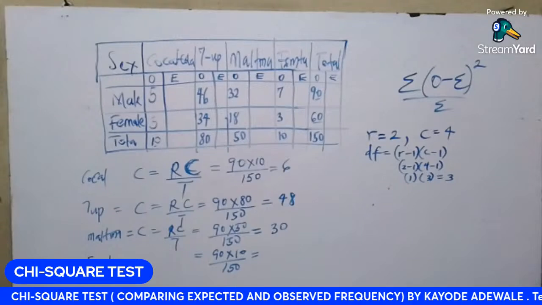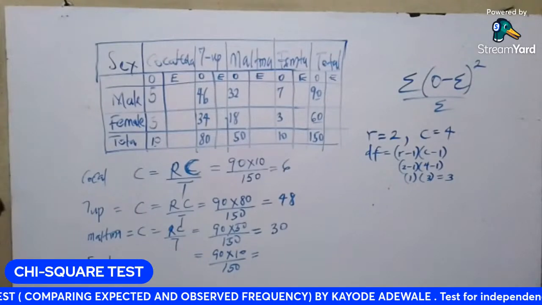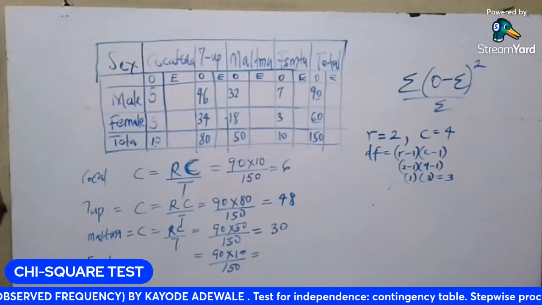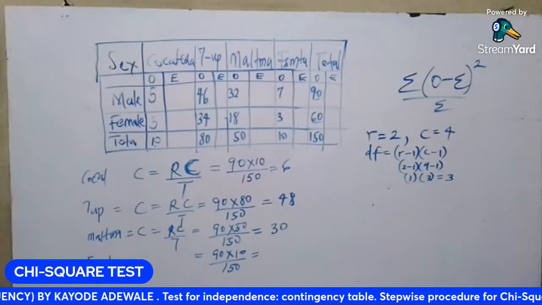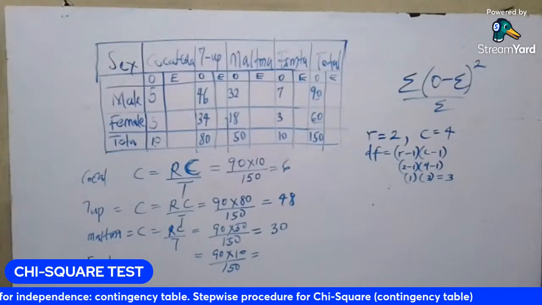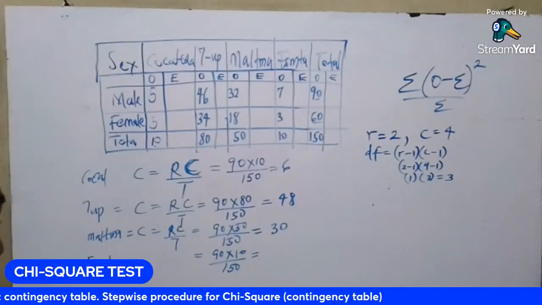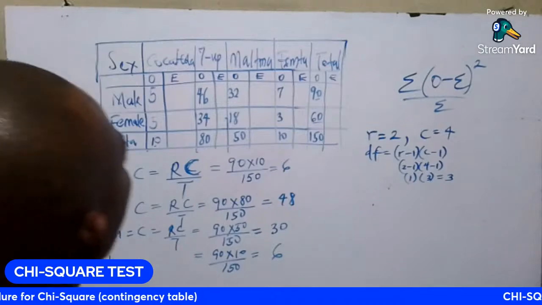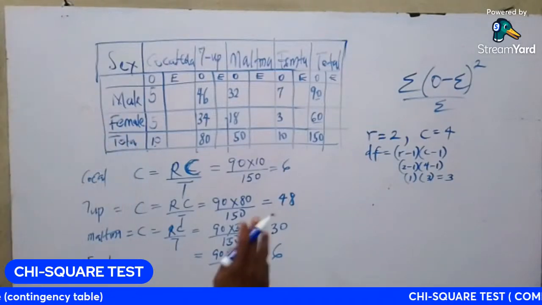If I move on to the third one, that's 90 multiplied by 50 divided by 150. Of course, that will give me 30. So the last one, 90 multiplied by 10, which is 900. And when you divide that by 150, that will give us what? 6 as well.